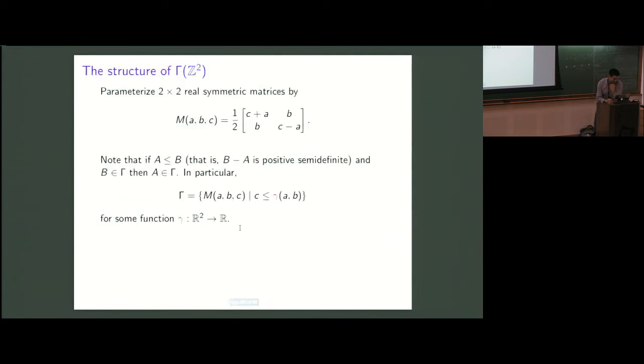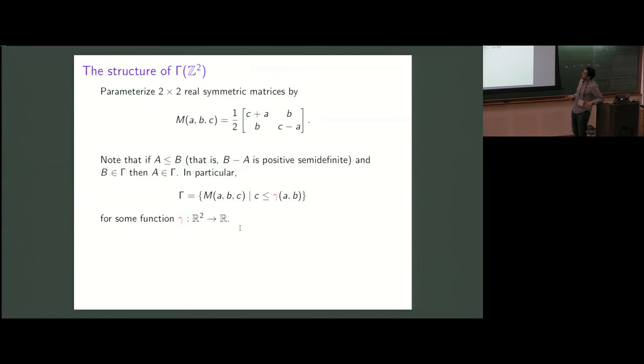So here are the coordinates I'm going to use for my picture. We take advantage of one feature of gamma, which is that it's downward closed in the matrix order. So if you have two matrices whose difference is positive semi-definite, and the bigger one, B, belongs to gamma, then A has to belong to gamma.